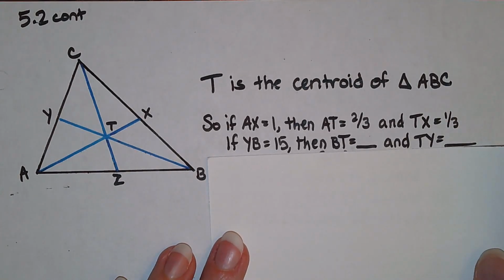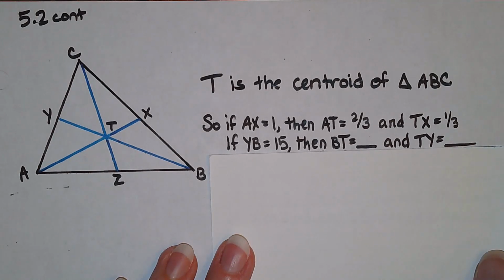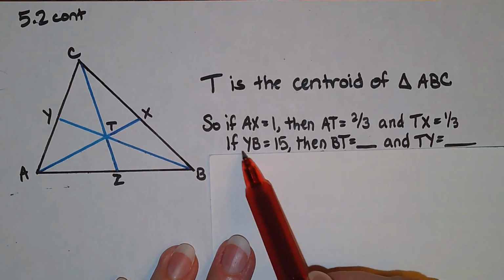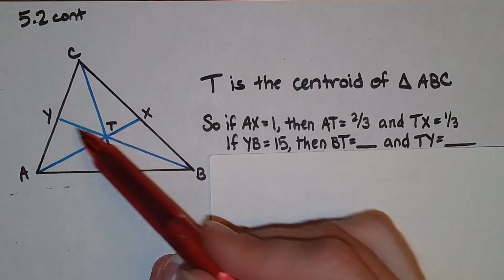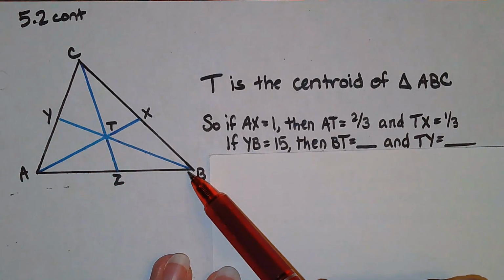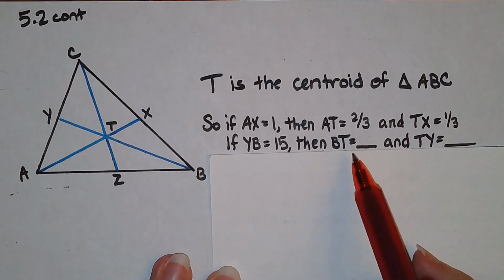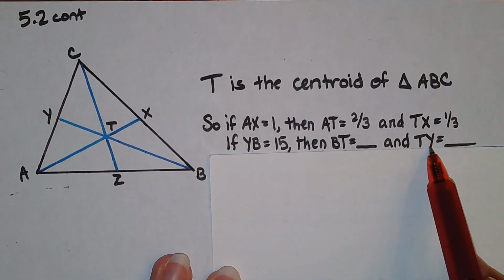All right, here's another example. If YB is 15, whatever the units happen to be, how long is BT and how long is TY?